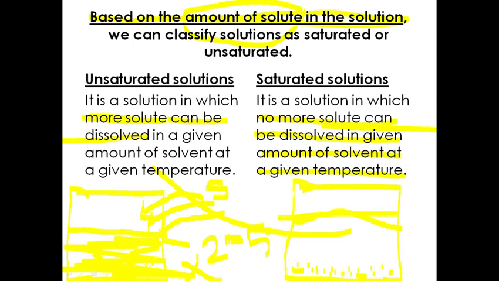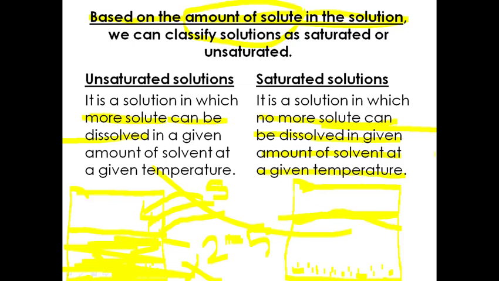Then this is called a saturated solution. So now no more solute can be dissolved. Put in more, and after 7 or 8 tablespoons you see that all the sugar remains undissolved down there in the bottom of the glass.